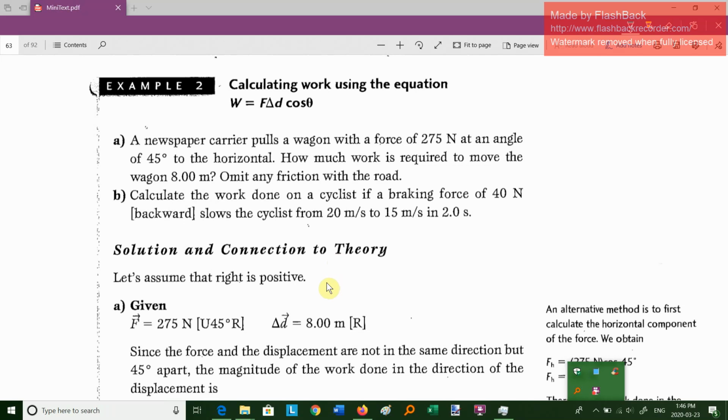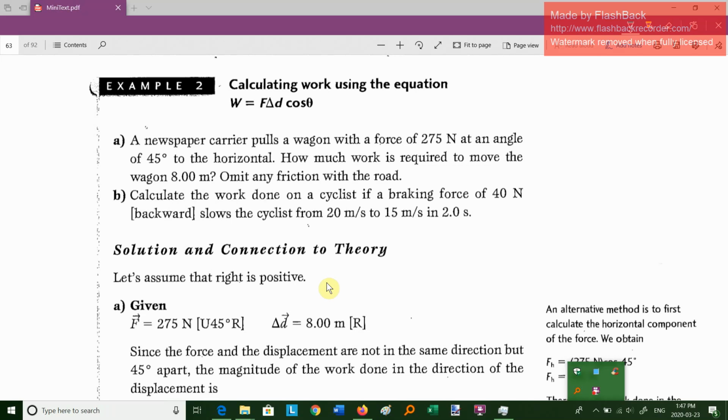Now you might say, oh, can't we have theta 0 degrees? Well, that would be very uncomfortable for you to be crawling along the ground, pushing a wagon of newspapers. You have a handle, which means you can stand upright and carry that newspaper wagon forward.